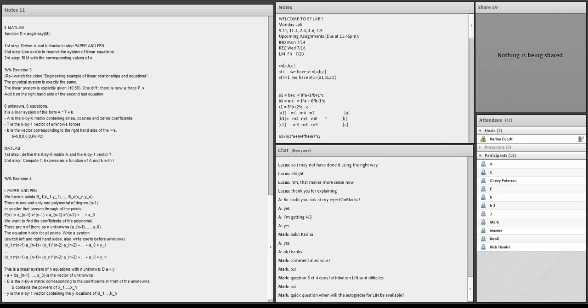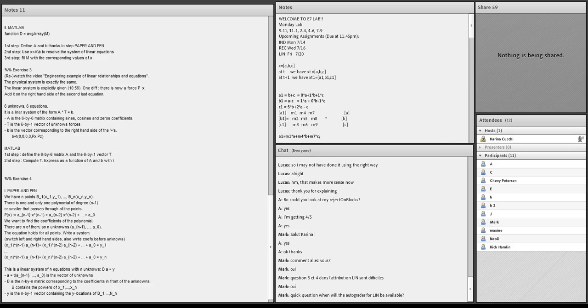All right, and Y is the vector corresponding to the right-hand side of the equal sign, so it's the vector y1 to yn, sorry.